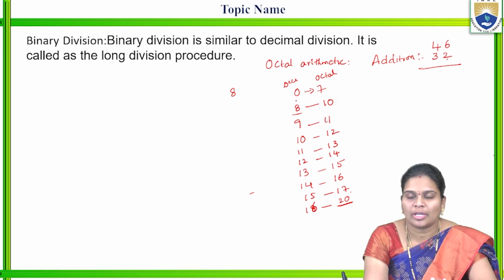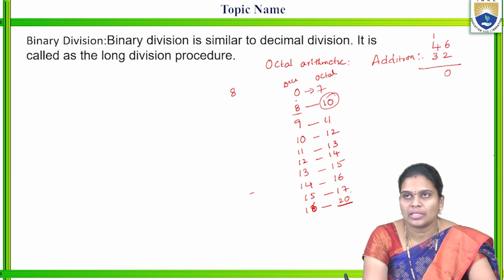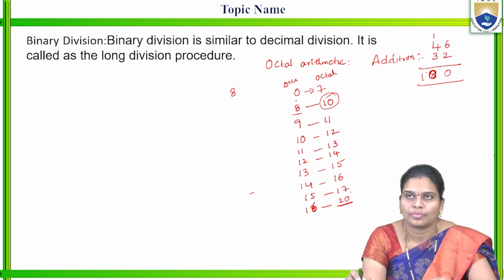In this octal arithmetic we do not have the 8 value, so that is equal to 1, 0. 4 plus 3 is 7, and 7 plus 1 is 8. This 8 is also not possible, so we take 1, 0, 0.